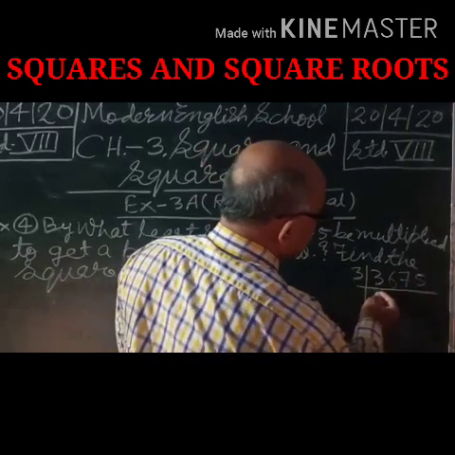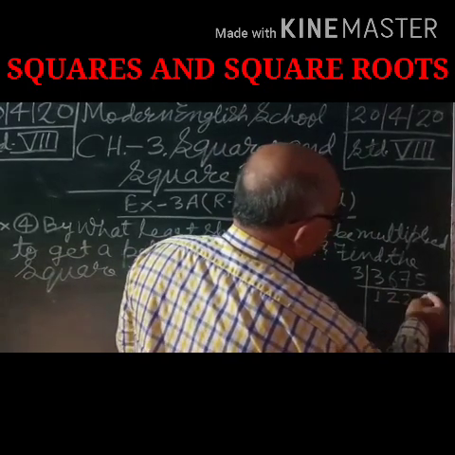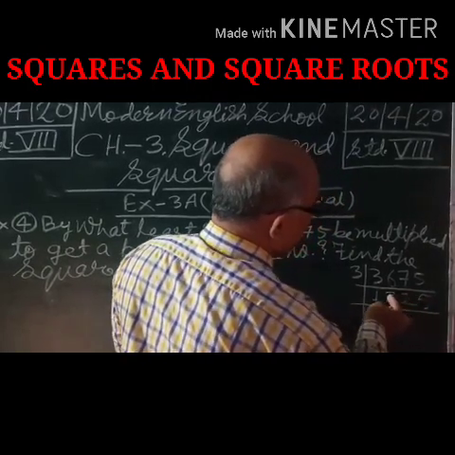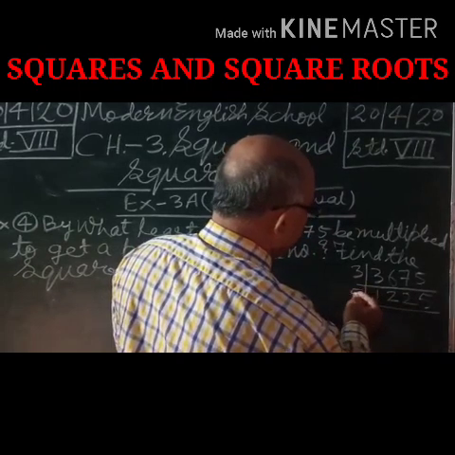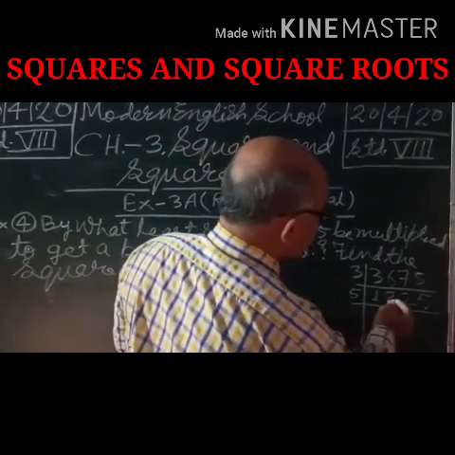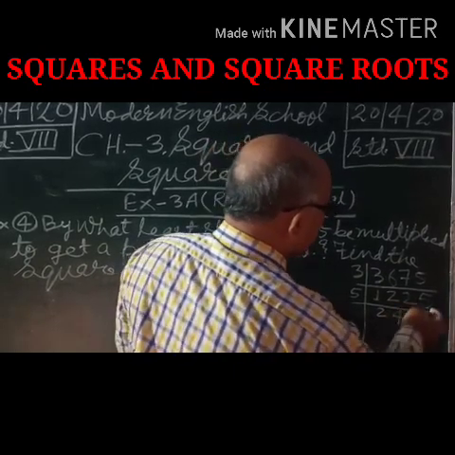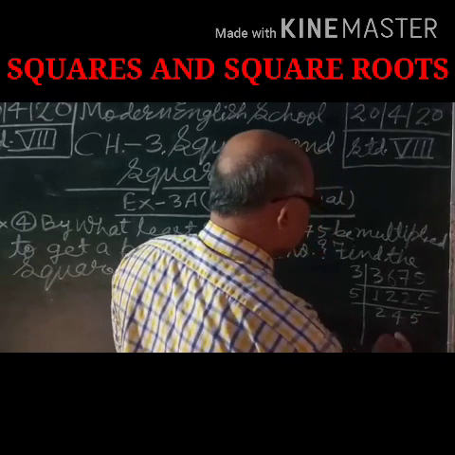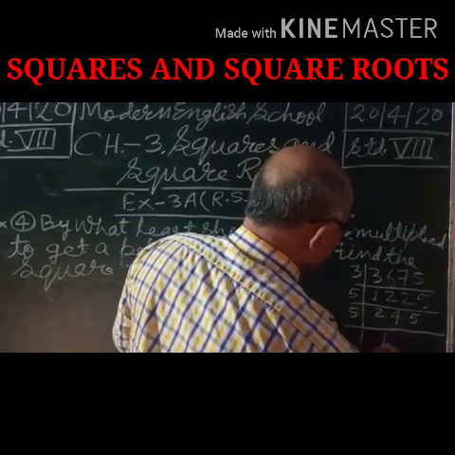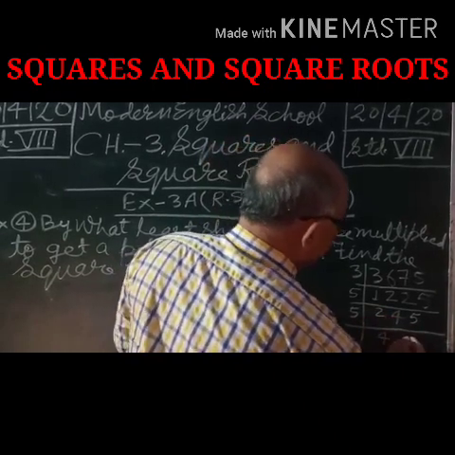So find here 3675. 3 times: 3 ones are 3, 3 twos are 6, 3 twos are 6, and 3 fives are 15. Now 5 times: 5 twos are 10, 5 twos are 10, 5 fours are 20, 5 fives are 25. Again 5 times: 5 fours are 20, 5 fives are 25.